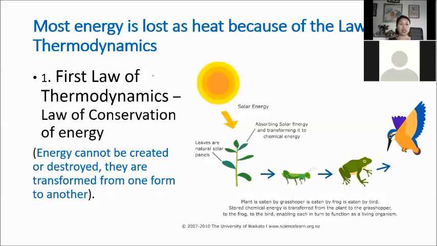Now, the first law of thermodynamics is based on the law of conservation of energy. This states that energy cannot be created nor destroyed. They are transformed from one form to another. So in the process of transformation from solar energy to chemical energy in plants, hindi lahat, as you notice, na part lang ng solar energy ang magagamit ng photosynthesis ng plants.